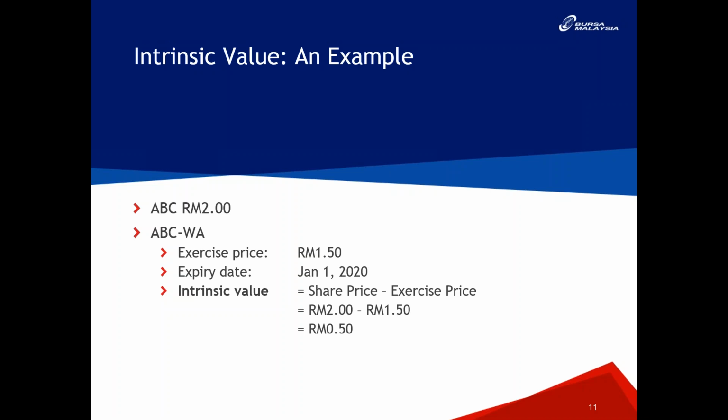This ABC warrant is a company issue warrant, and all company issue warrants have a conversion ratio of 1-to-1. Okay, back to the value of the warrant. The value of the warrant, at the very least, would be the share price minus the exercise price. It would be 50 cents. Now, we call that the intrinsic value, right?